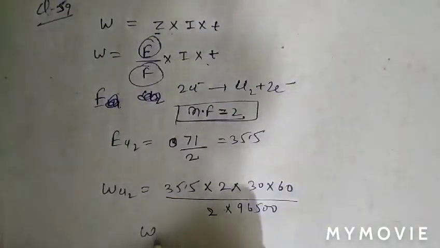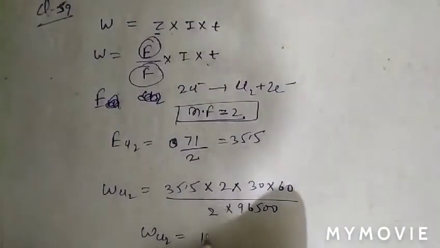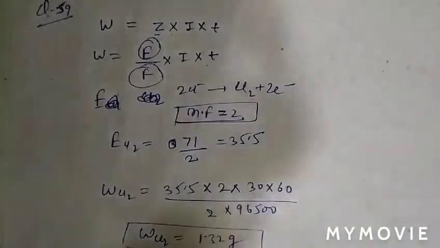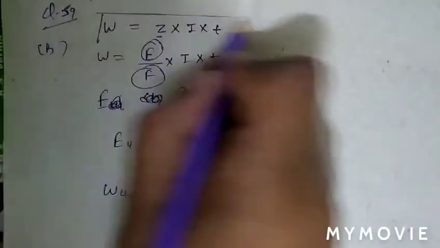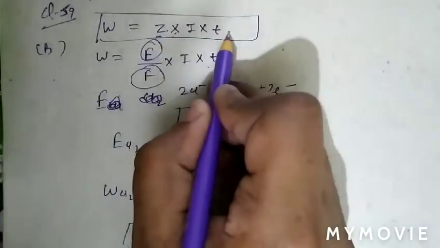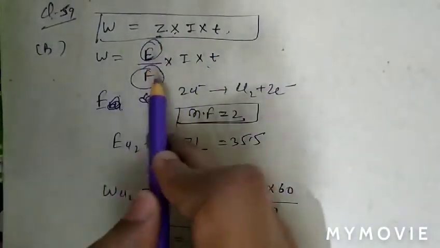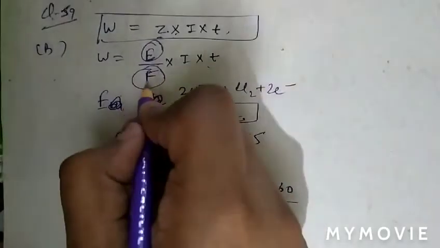On solving, the weight of chlorine deposited is 1.32 gram. So question number 59, option B is correct. We have used Faraday's law, W equals ZIT, where Z is equivalent weight divided by Faraday constant, E by F.